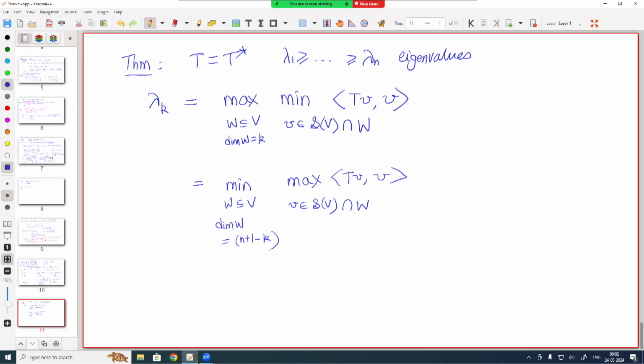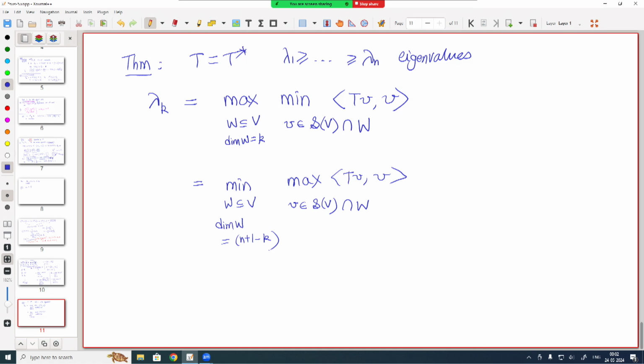Complementary in this case being n plus 1 minus k. Usually complementary will mean n minus k, but in this case we need dimension n plus 1 minus k. This is sometimes called the Courant-Fisher minimax characterization of the eigenvalues and so on.